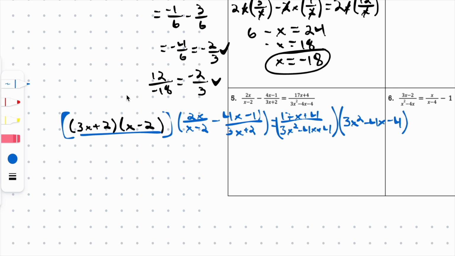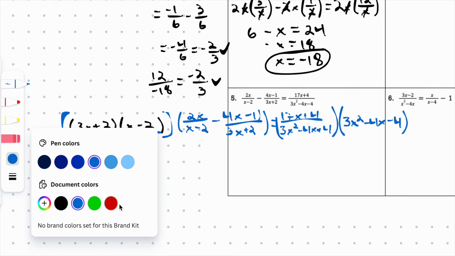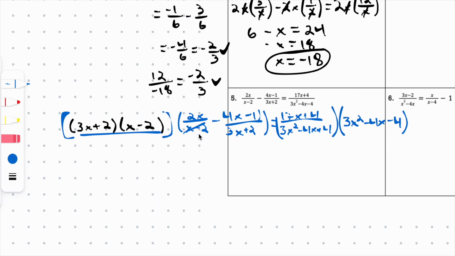So when we multiply 3x plus 2 times x minus 2 times 2x over x minus 2, this x minus 2 is canceled out. So we essentially get 3x plus 2 times 2x, right? Because when I multiply this out, I have x minus 2 on the numerator now, and I can cancel those out.